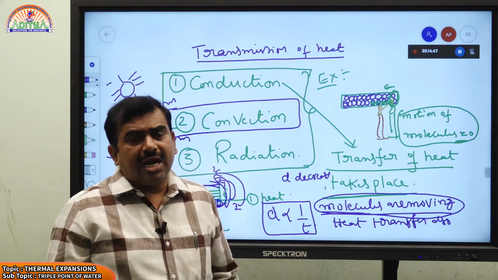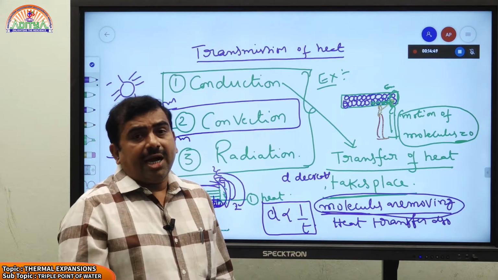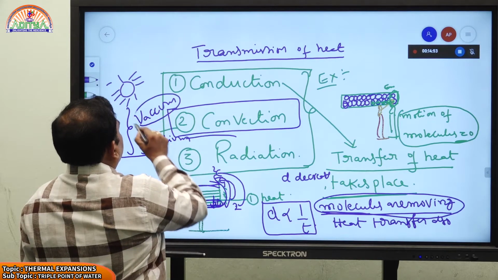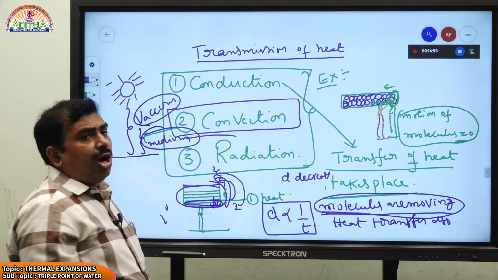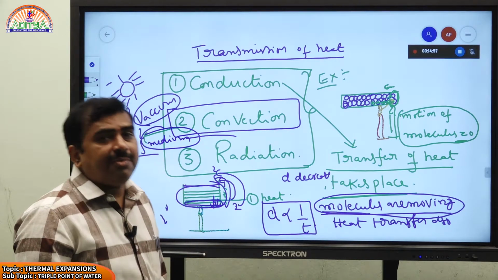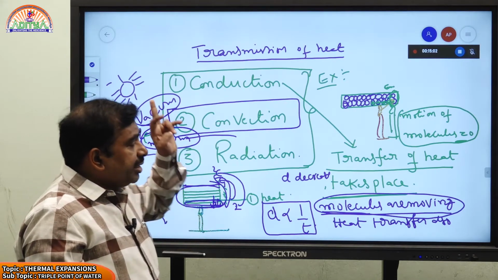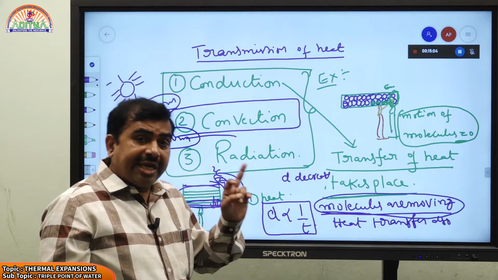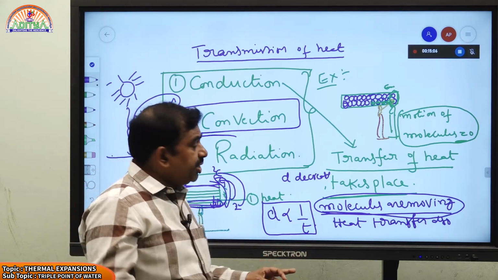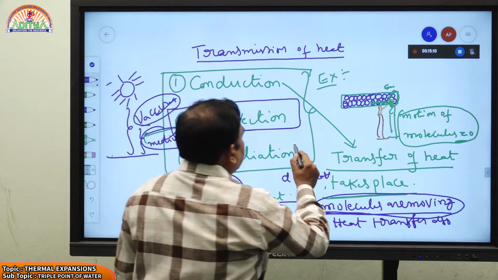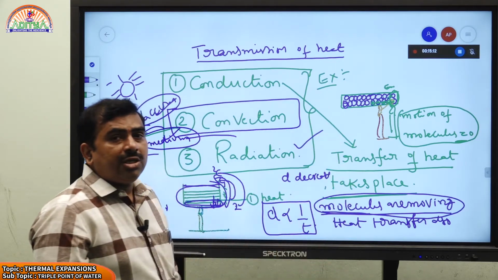That is a different story; later we will study. But here I can say, if the transmission of heat takes place in the presence of the medium or in the absence of the medium, because in vacuum there is no medium, such a process is called radiation.